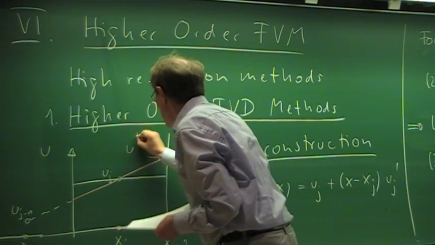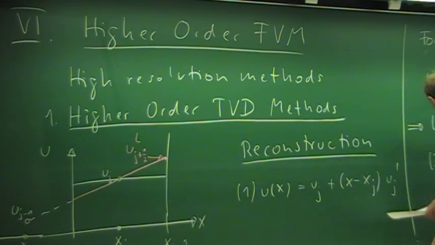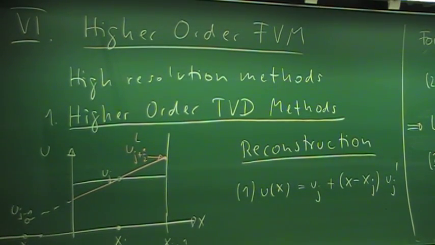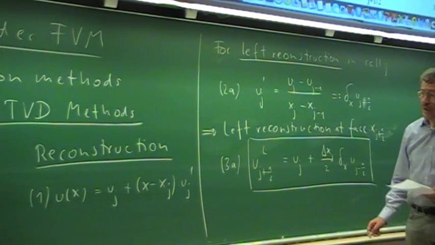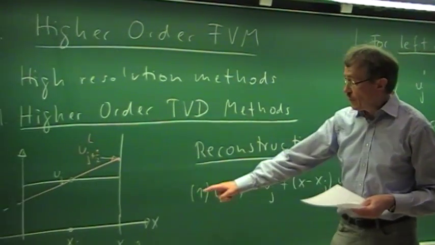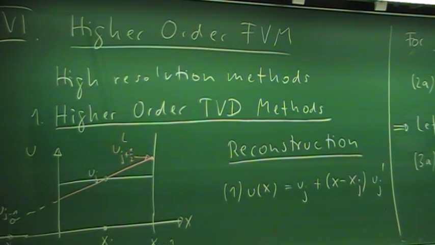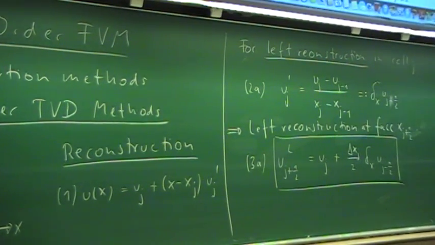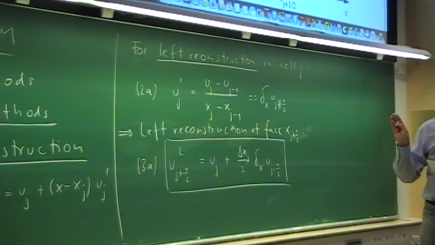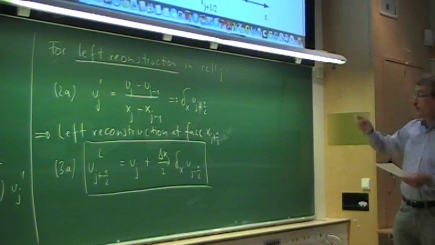In the same way we do it on the right side. On the right side we take into account a neighbor, and do that in a similar way. Actually we need two neighbors, because we need to do the reconstruction in the cell j plus 1. So we need to go to the cell j plus 1 and do it similarly.